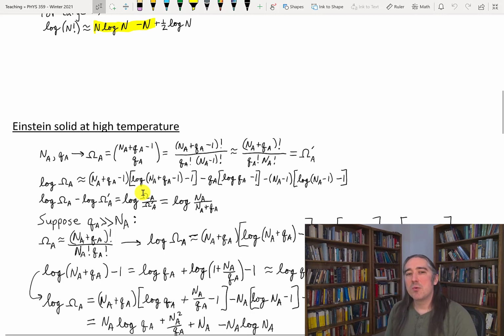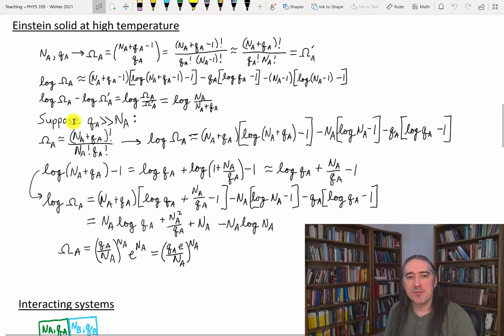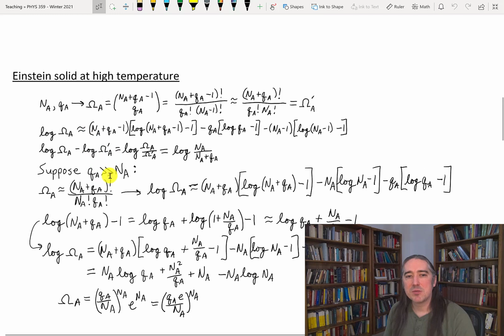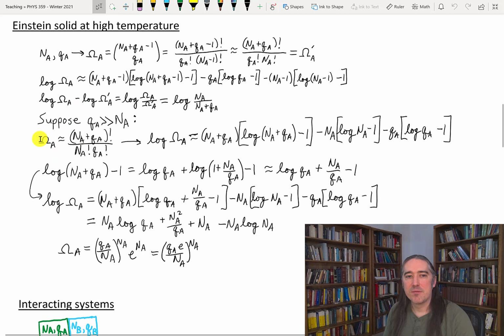Now we want to look at the high temperature limit. As I said before, high temperature means Q is much, much bigger than N. So we have, on average, much more than one excitation per oscillator. We have this form for omega that we're going to use, (Na plus Qa) factorial over Na factorial Qa factorial.